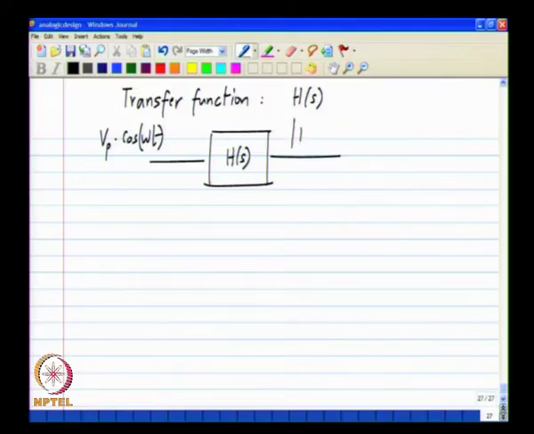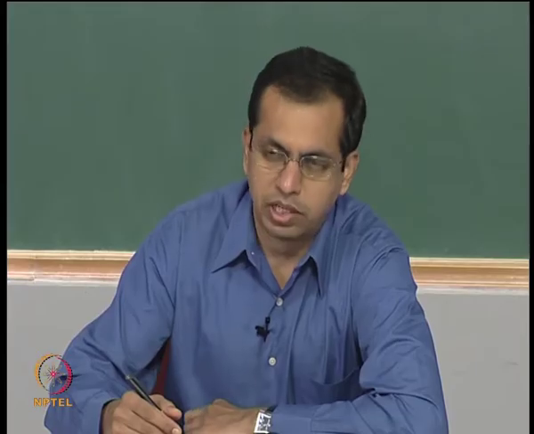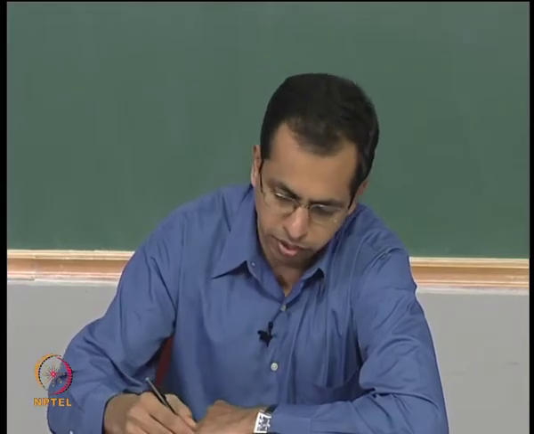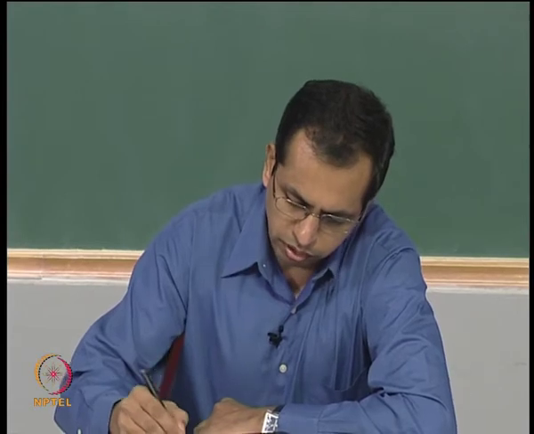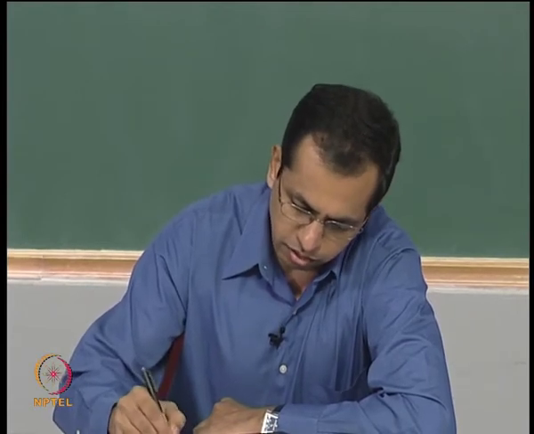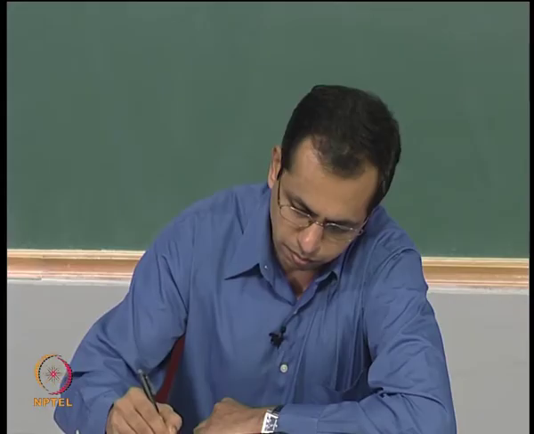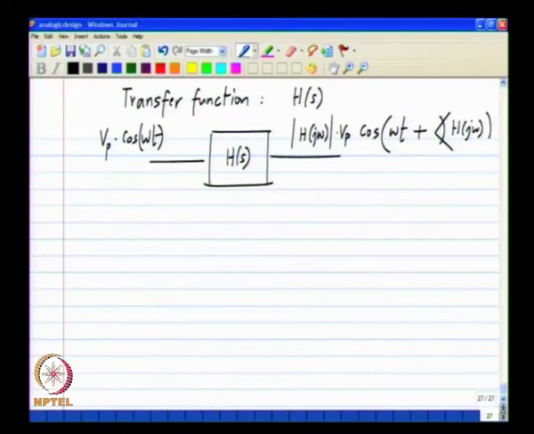It will be with a magnitude h of j omega times V p. The amplitude of the sinusoid gets multiplied by the magnitude of the transfer function at the frequency of the sinusoid, and you get an added phase which is the phase of the transfer function at the frequency of the sinusoid.